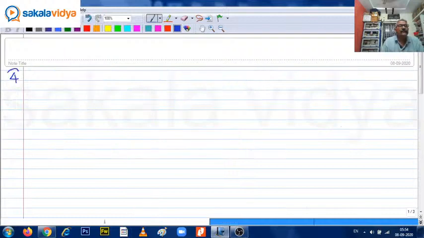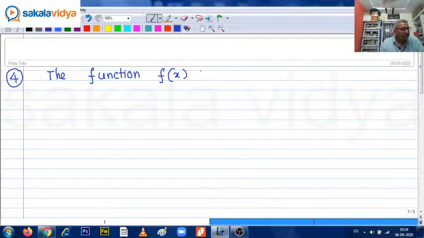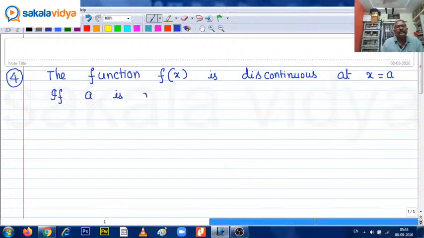Fourth point. One more point you need to remember: the function f of x is discontinuous at x is equal to a if a is not in the domain of the function.